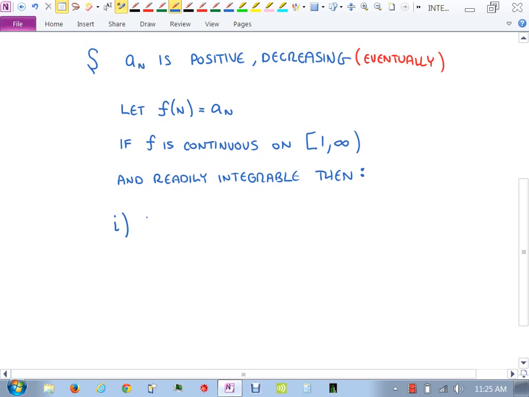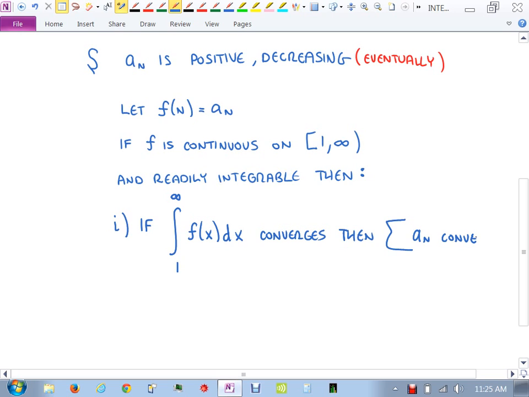1, if the integral from 1 to infinity of f of x dx converges, then the series converges. So whatever the integral does, right?